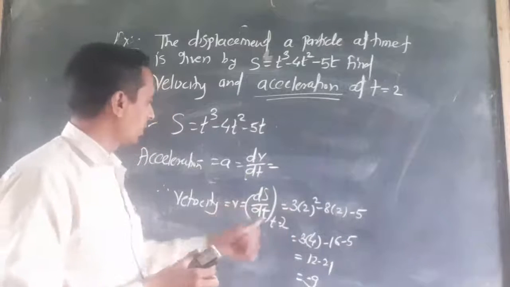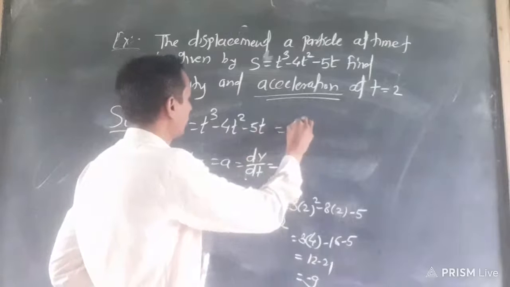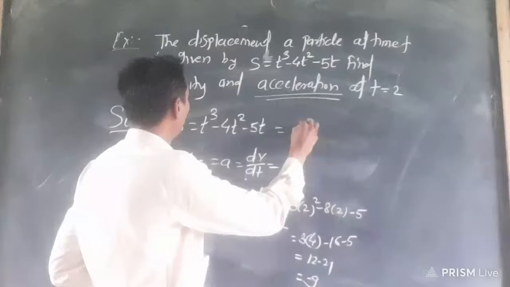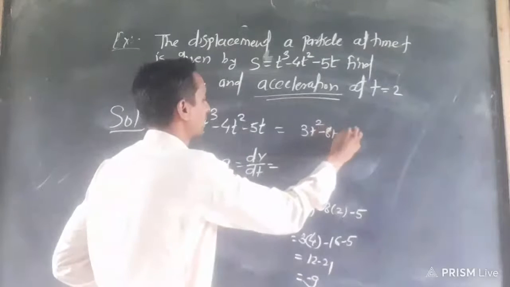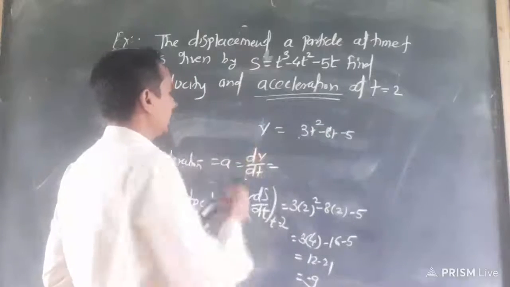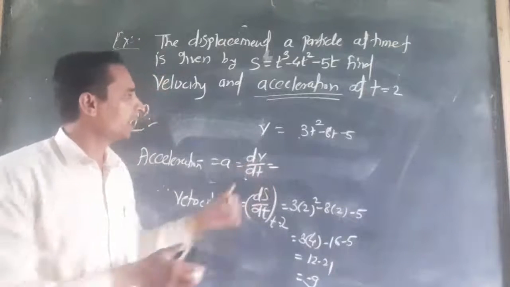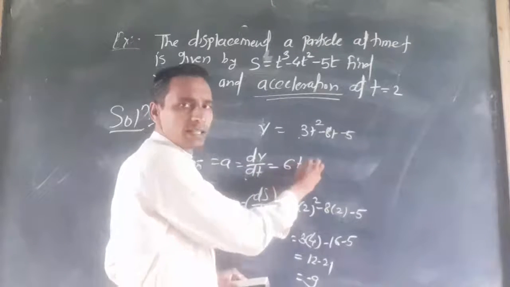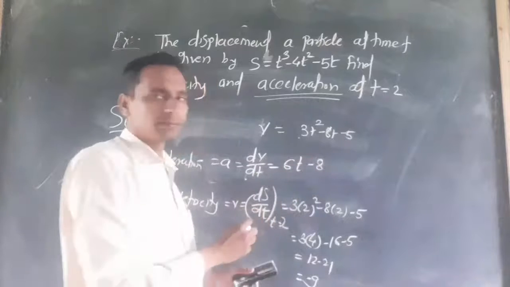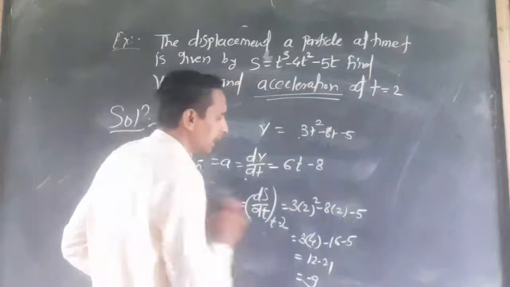This is the v, 3t square minus 8t minus 5. Then acceleration means derivative of v, that is dv by dt. Answer is 6t minus 8. This is the acceleration.